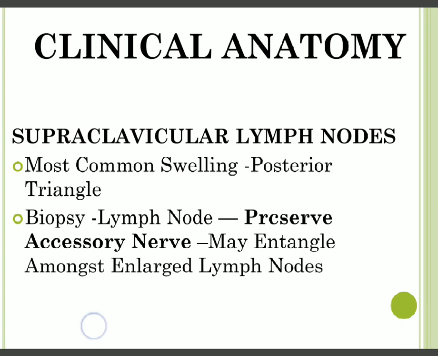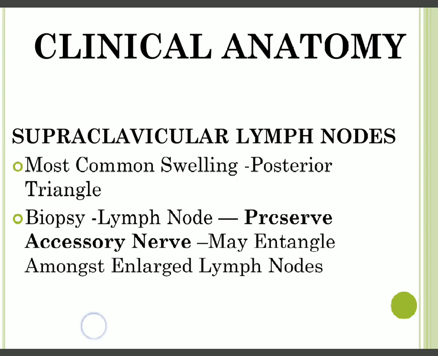In certain cases, if we have to take a biopsy of the lymph node, care must always be taken to preserve the spinal accessory nerve, whether it is any surgery, a biopsy from these lymph nodes, or a block dissection of neck in case of malignancy.